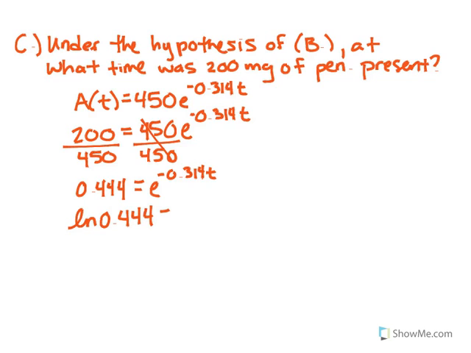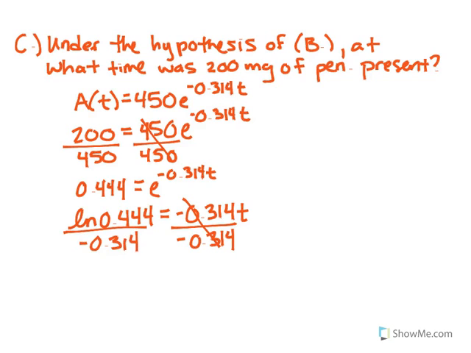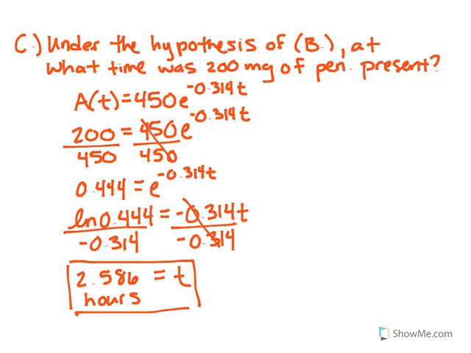The natural logarithm and the e will cancel, so we're just going to have 0.314t, and then we're going to divide by that factor to cancel. And let's see what we get for t. I'm going to get 2.586, and this is in hours, and that's it. And that will complete this tutorial.